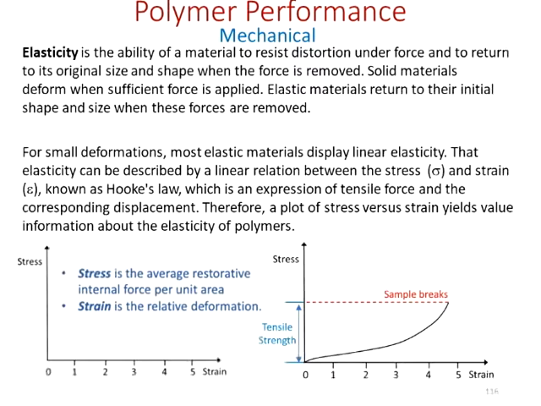So in other words, when you look at it, the stress is the average restorative internal force over the area, and strain is the relative deformation. So you look at your stress versus strain, and then we develop that curve, we take a look at that curve, and it gives us some idea, okay, about the mechanical properties of that polymer.